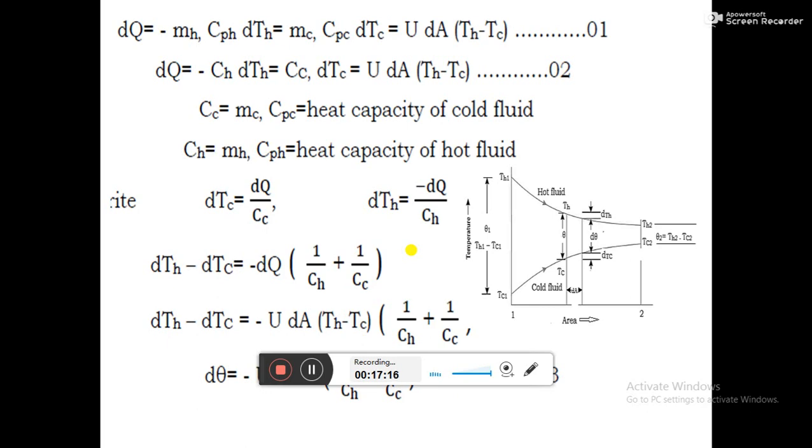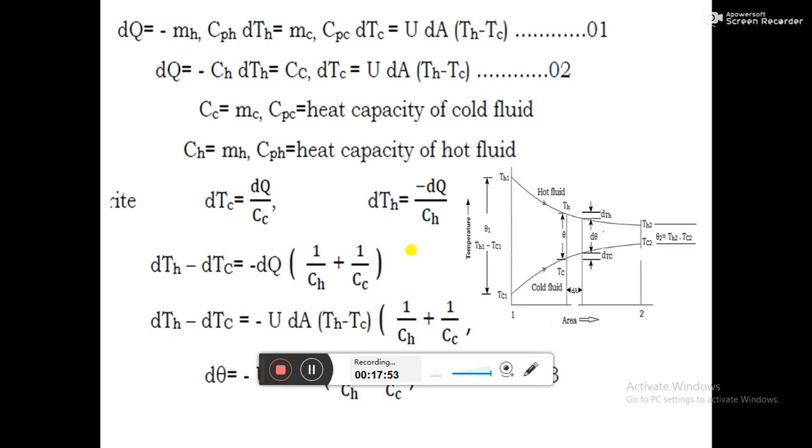This amount of heat transfer which takes place through the elementary area dA is equal to the amount of heat which is transferred between the hot fluid and the cold fluid. dq equals minus mh into cph into dTh; this equation gives the amount of heat which is released by the hot fluid.